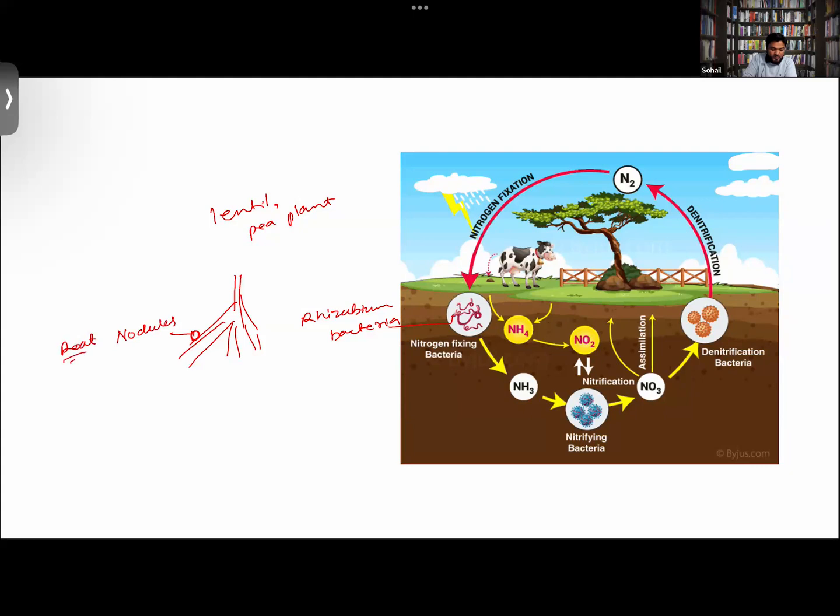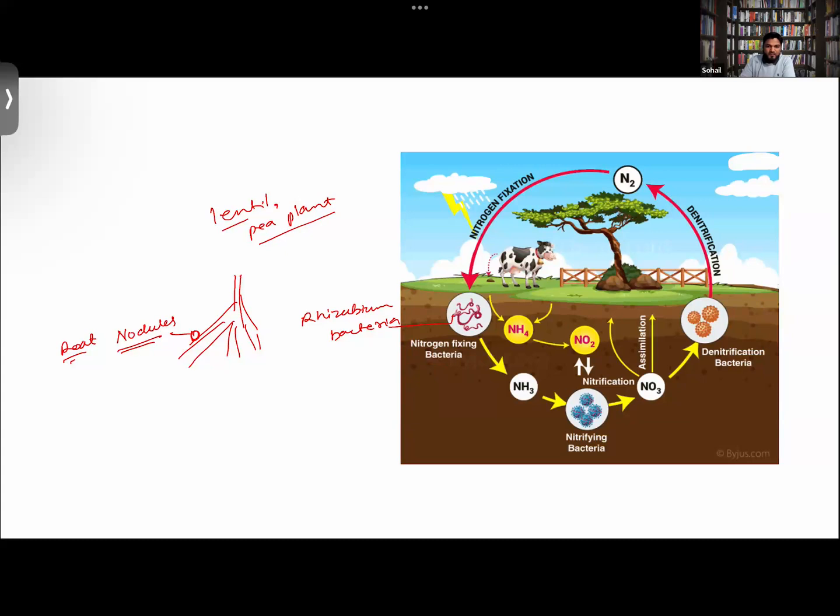Those of you hearing this word for the first time, please do remember this term. Root nodules are found in certain leguminous plants. Leguminous plants क्या है? Like lentil, pea plant. These are leguminous plants. So rhizobium bacteria are found living in these root nodules.